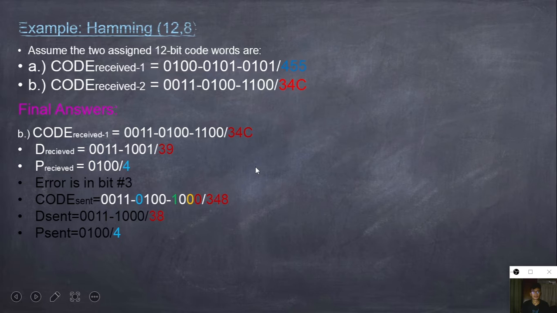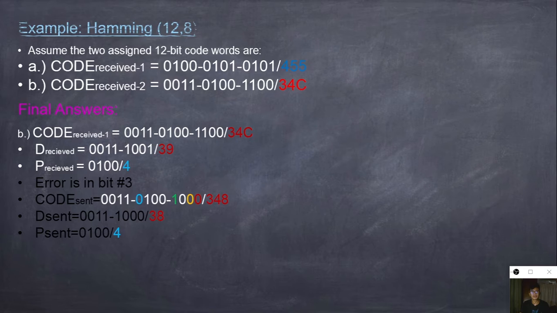For example number 2, the code received is 0011 dash 0100 dash 1100, with a hexadecimal value of 3, 4, C. So the final answer for code number 2 is 0011 dash 1001, with a hexadecimal value of 3 and 9 for the D received.